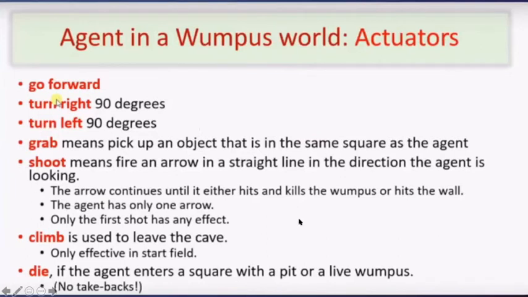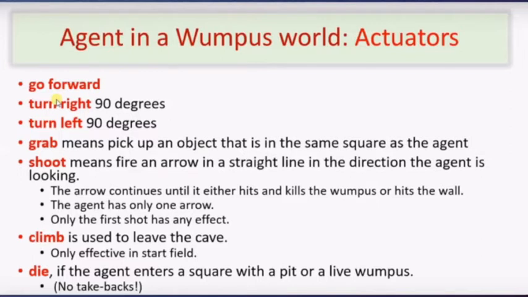Now let's see the actuators. Actuator means the moving parts. What are the moving parts? An agent can go forward. It can turn right 90 degrees, turn left 90 degrees, and grab. Grab will pick up any object that is in the same square as the agent.